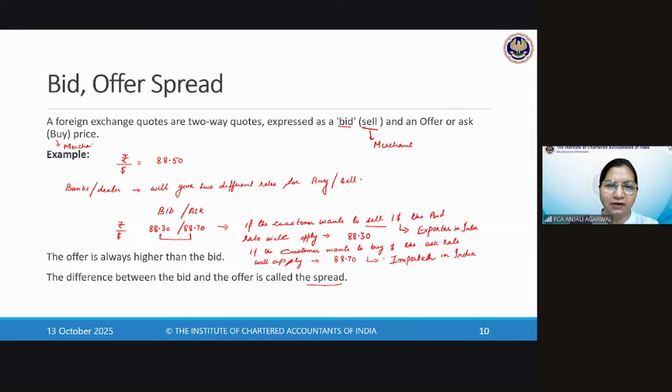For that, the dealer will ask 88.70 and you're going to buy it. Okay. So remember always that the bid is always less than the ask, or the ask or offer is always higher than the bid, and the difference is called the spread.